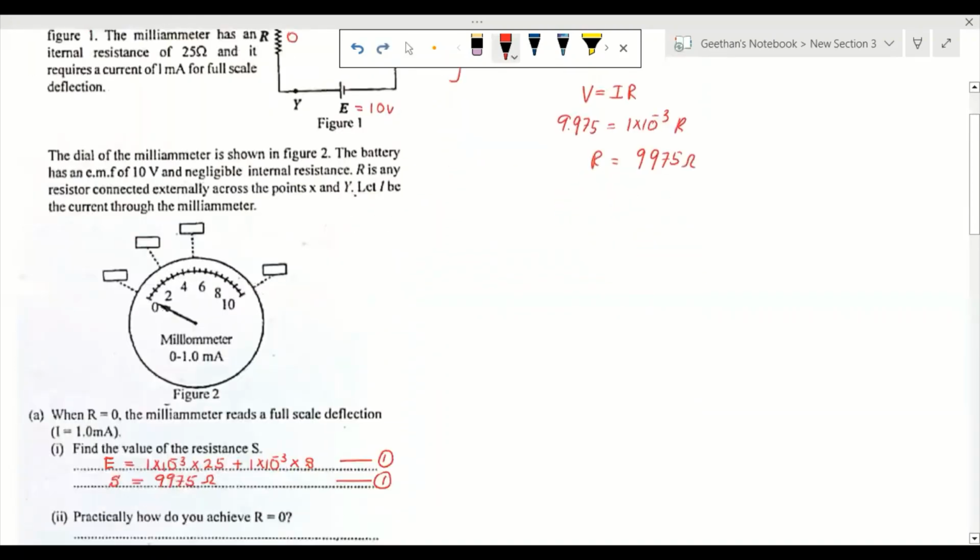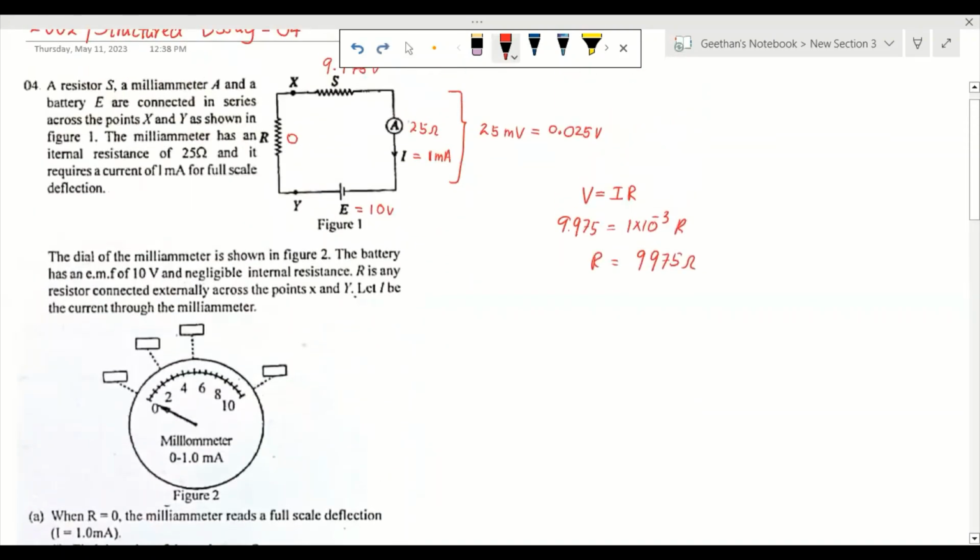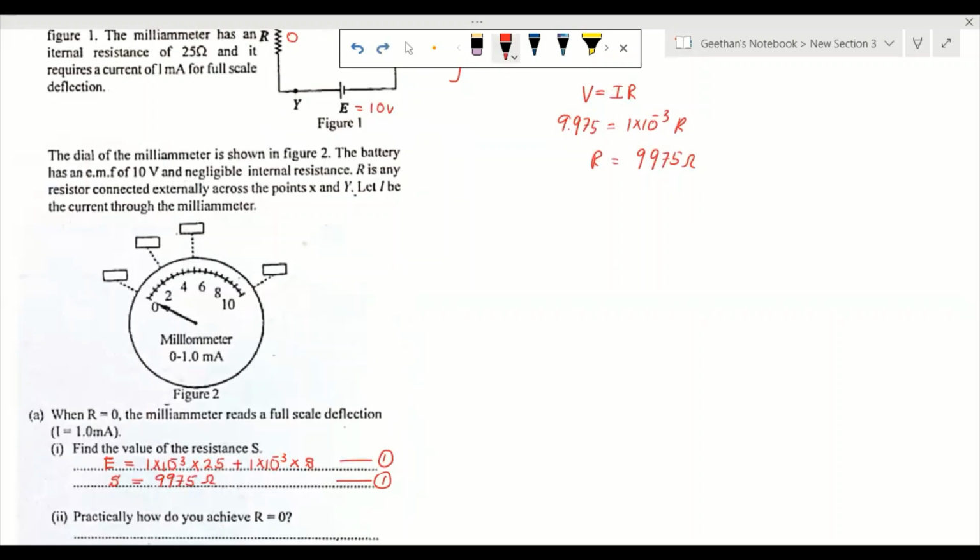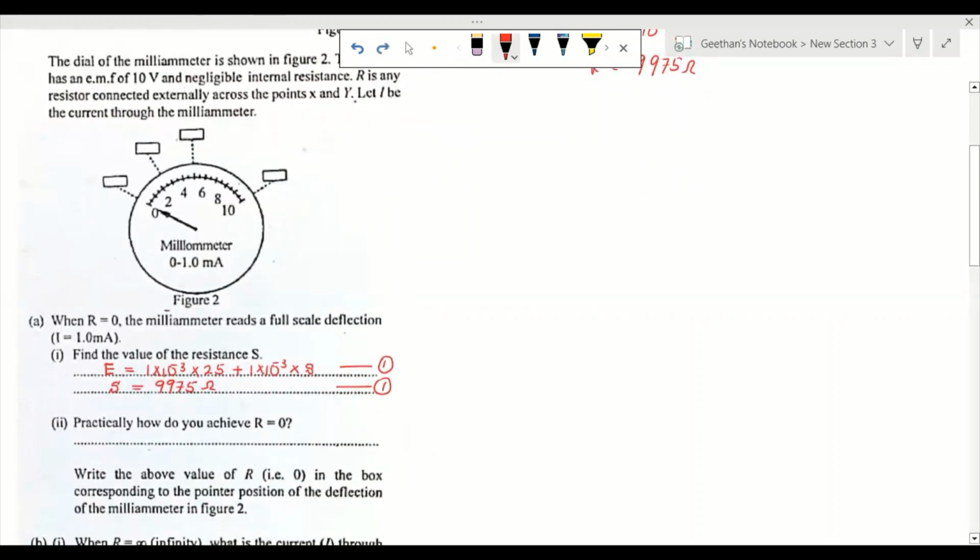In order to achieve that, you can just short circuit these 2 points, or connect X and Y. So you can write the answer: short circuiting X and Y. Short circuit means you just connect them. For that you get 1 mark.